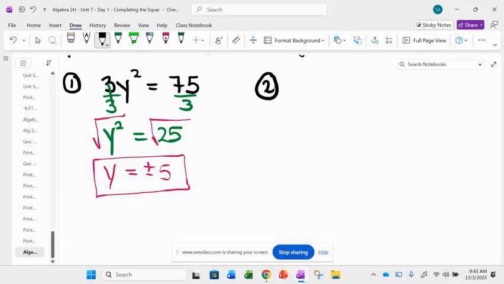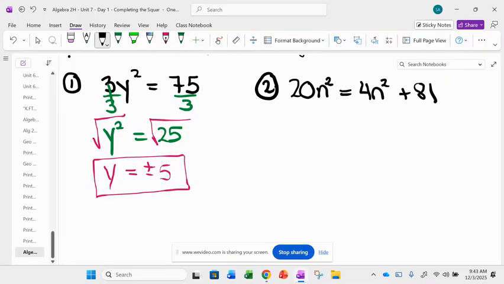So if I have 20n squared equals 4n squared plus 81. Again, I want to solve using the square root method.